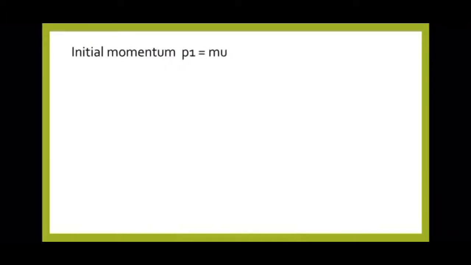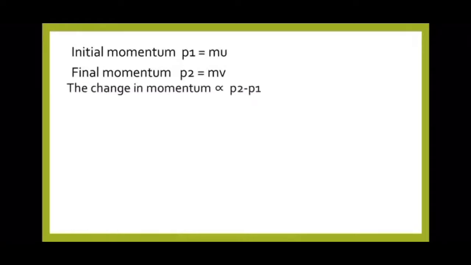Now, the initial momentum is given by p1 is equal to mu, since the initial velocity is u. And we can write the final momentum as p2 is equal to mv, since the final velocity is v. Now, what is the change in momentum?